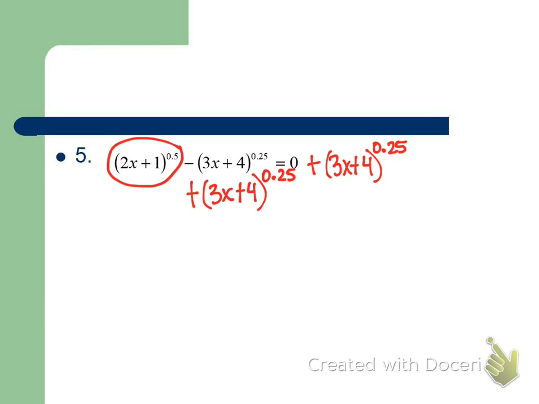Now the nice thing is that the other side was 0, so that makes that addition pretty easy. So we're left with 2x plus 1 to the 1/2 power is equal to 3x plus 4 to the 1/4 power. Are we okay with that? We got one of those alone, which sort of ended up getting both of them alone.